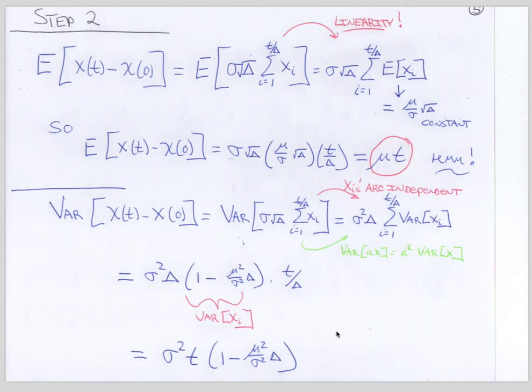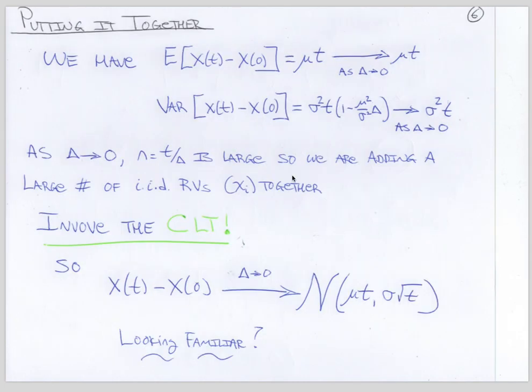And then letting delta go to 0, we see that the mean differential remains the same. There's no delta here. And the variance as delta goes to 0 is equal to sigma squared t. That's exactly what we want. Because remember, if this is going to be Brownian motion, defined by that equation, mu dt plus sigma dz, then the differential will have to have mean mu t, and the variance of the differential will have to be sigma squared t. So that's how we designed it.